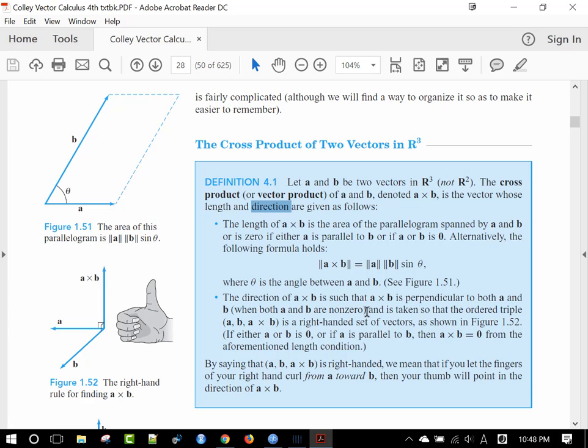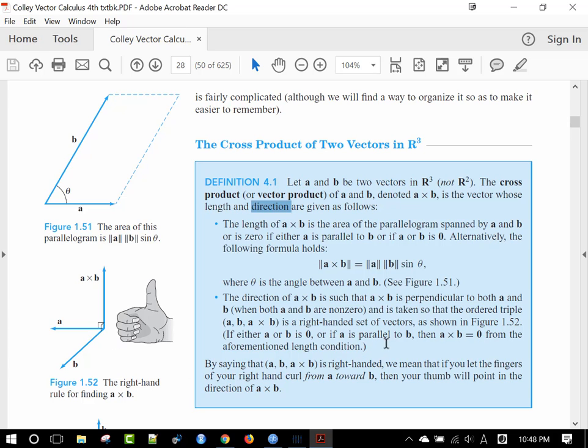When both A and B are non-zero, it is taken so that the ordered triple A, B, A cross B, where A is a vector, B is a vector, and A cross B is a vector, is a right-handed set of vectors, as shown in this figure.